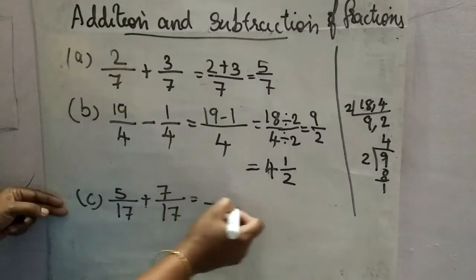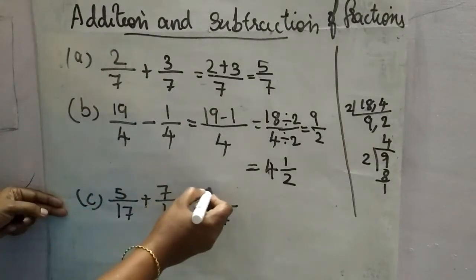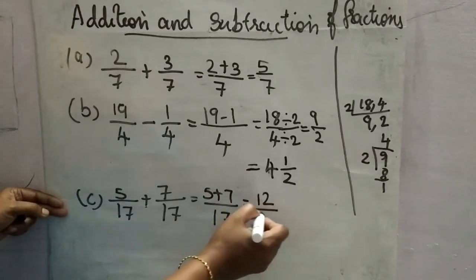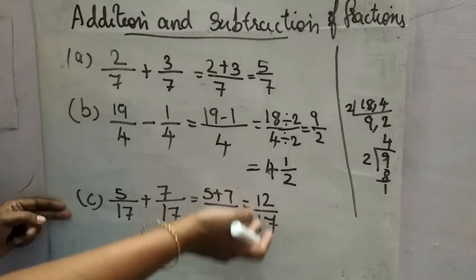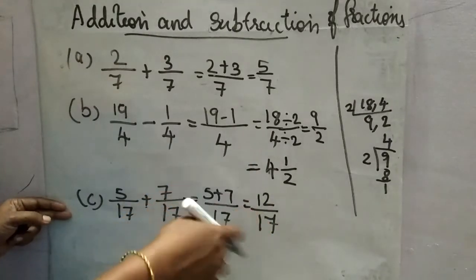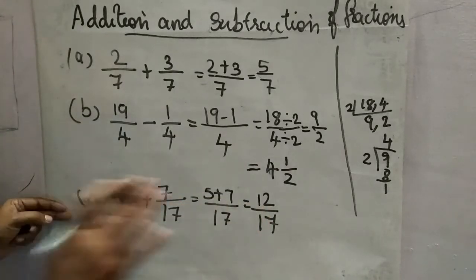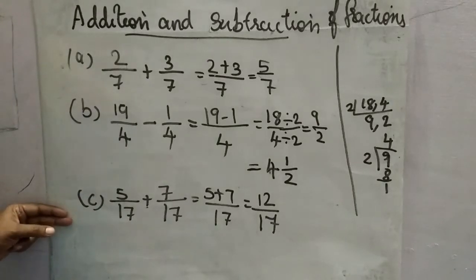So write the same denominator here and add the numerators. 5 plus 7 is equal to 12 by 17. Here 17 is a prime number. We can't reduce this term to a lower term. It's already in the lowest term. So stop there. 12 by 17 is the answer.